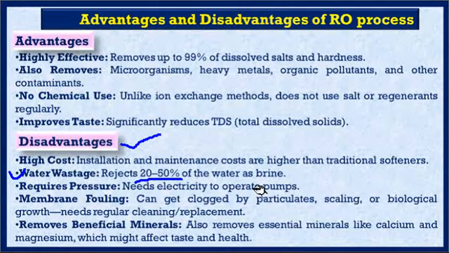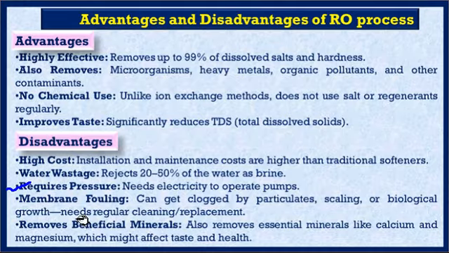So a large quantity of water is wasted through the drain in this method. It requires maintaining the reverse osmosis process continuously. High pressure is applied on the reverse osmosis chamber, so it needs electricity to operate the pressure pumps.